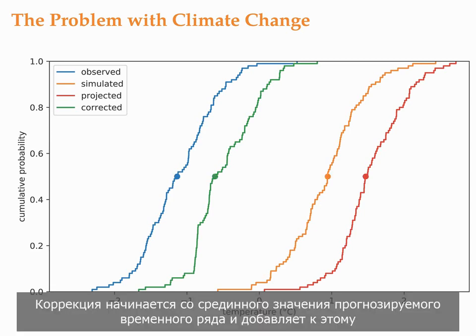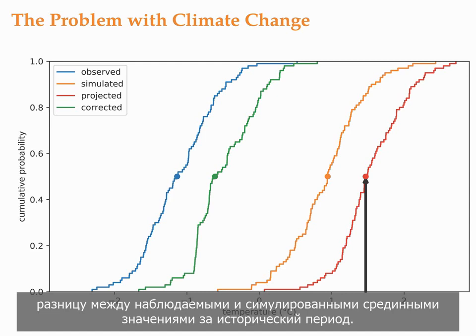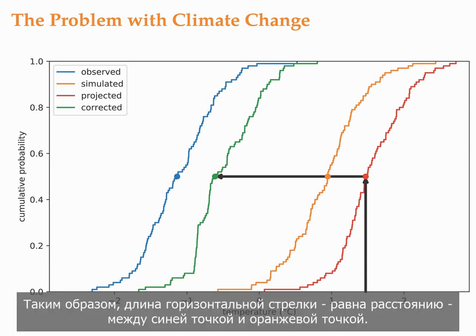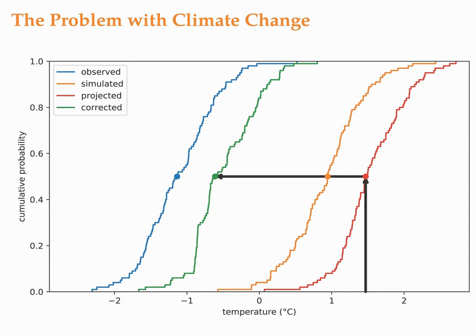The correction starts with the median of the projected time series and adds to this the difference between the observed and the simulated medians from the historical period. So the length of the horizontal arrow is equal to the distance between the blue dot and the orange dot.